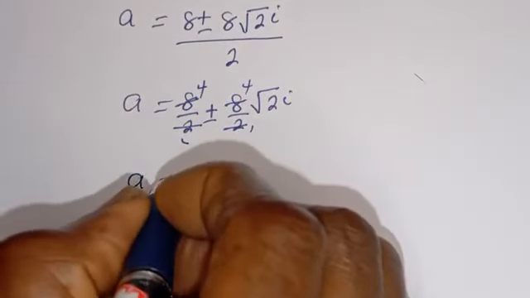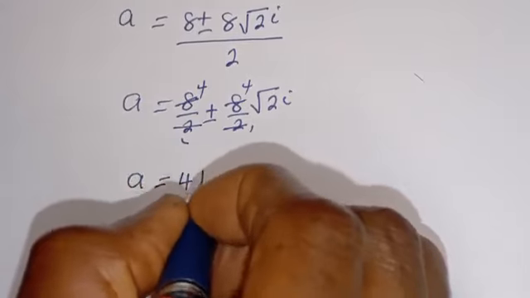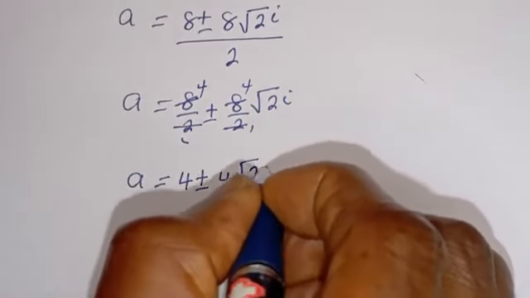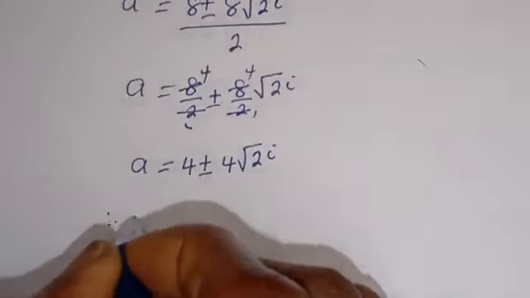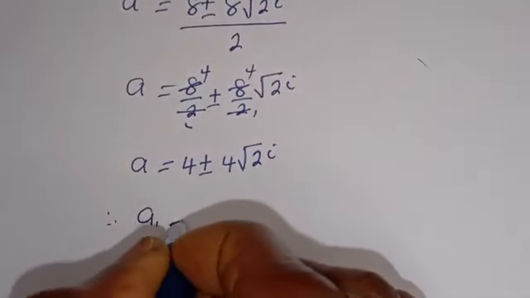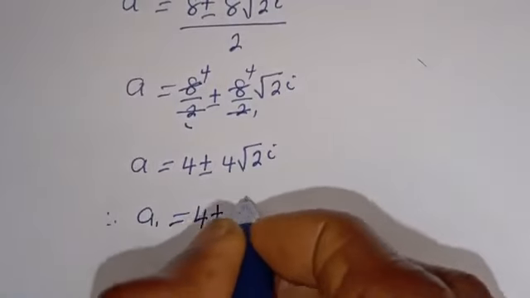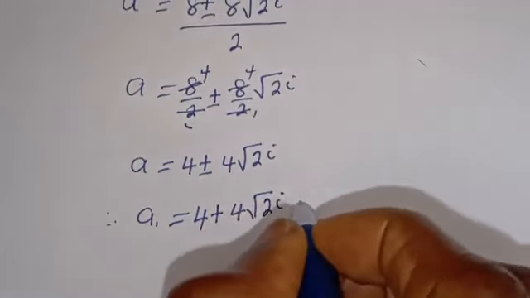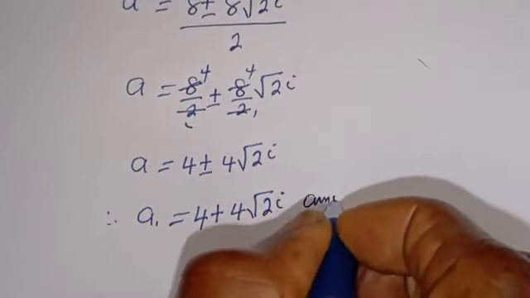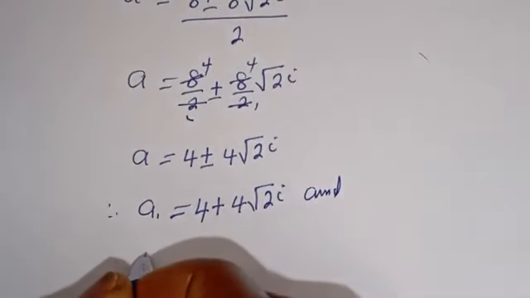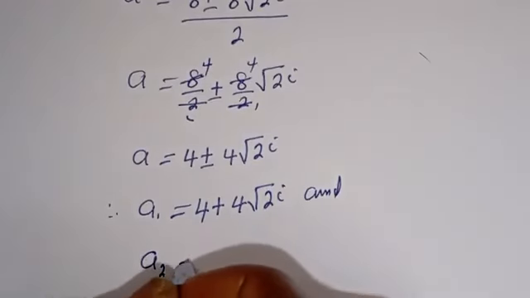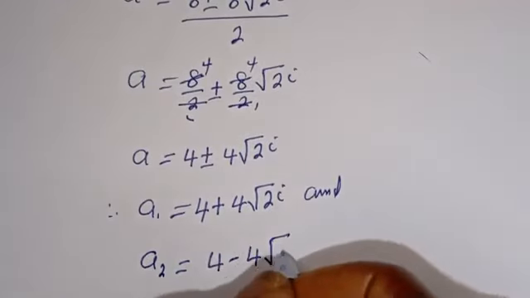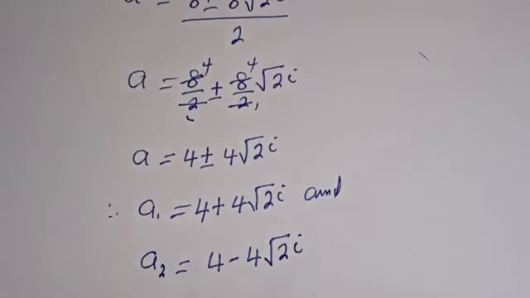A is equal to 4 plus or minus 4 square root of 2I. Therefore, A1 is equal to 4 plus 4 square root of 2I, and then A2 is equal to 4 minus 4 square root of 2I.